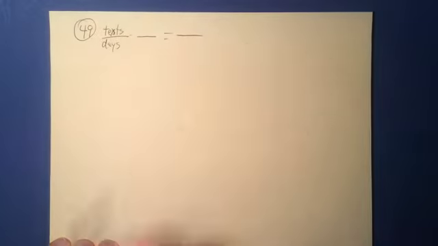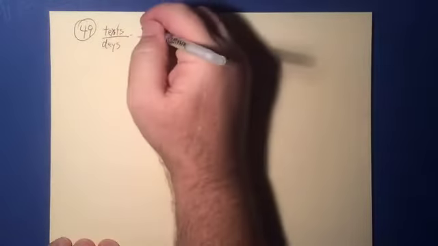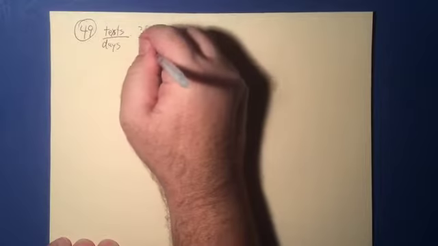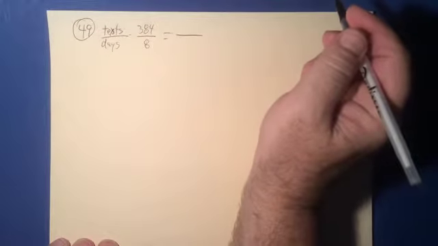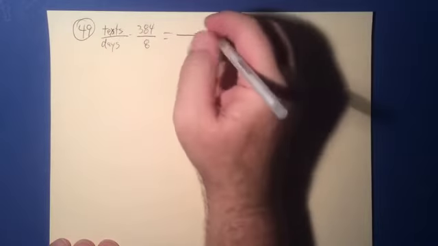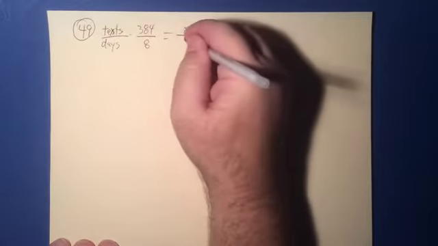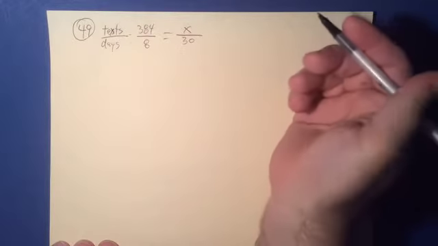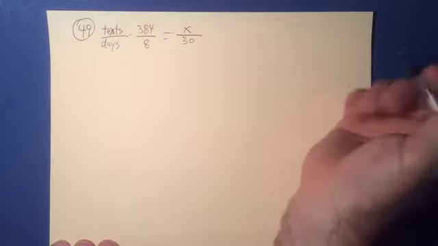And we're going to form a proportion with this. So he sends 384 text messages in 8 days. My God, that's a lot of messages. At this rate, how many messages will he have sent in 30 days? So we should be able to cross multiply this to find out what this is and get an answer.